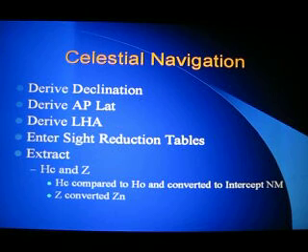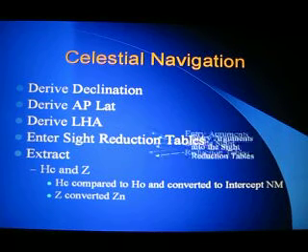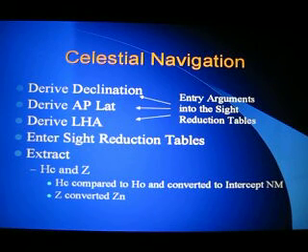Okay, so when you're working up a sight on the sight reduction form, you work up three entry arguments: the declination, the AP latitude, and the LHA. And normally you take those three and then you go into the sight reduction tables and you extract the computed height, HC, and Z, the azimuth angle.